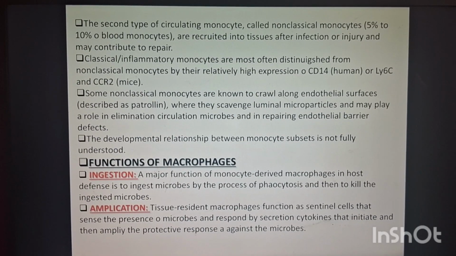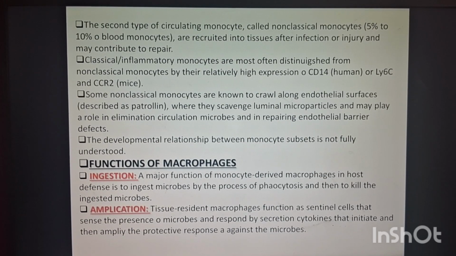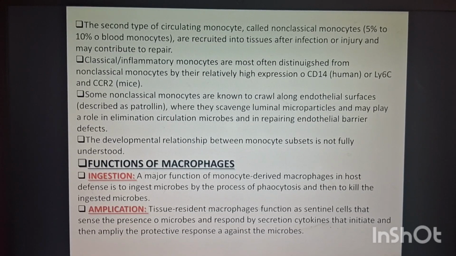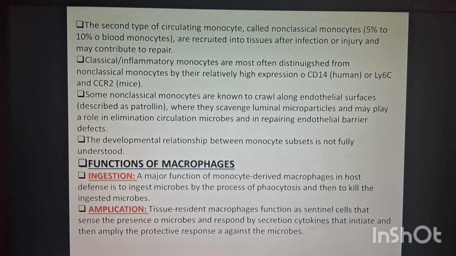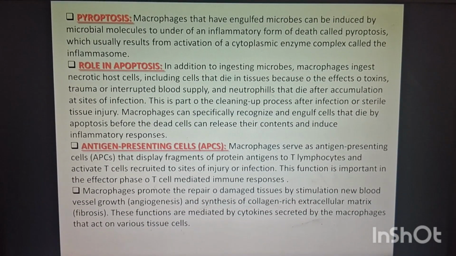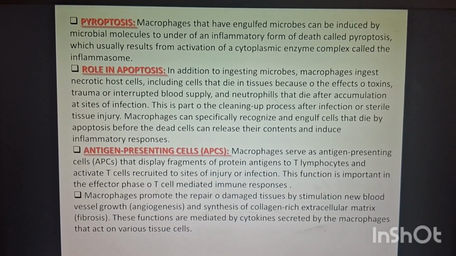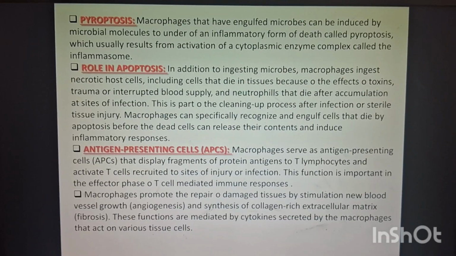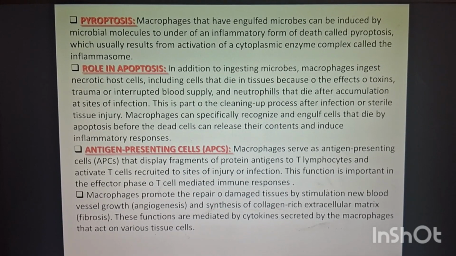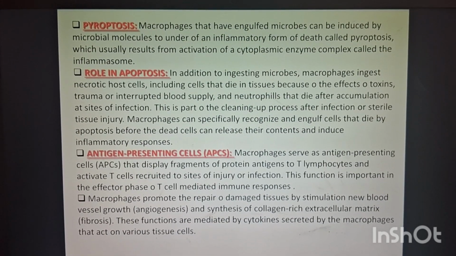Tissue-resident macrophages function as sentinel cells that sense the presence of microbes and respond by secreting cytokines that initiate and then amplify the protective response against the microbes. Next function is pyroptosis. Macrophages that have engulfed microbes can be induced by microbial molecules to undergo an inflammatory form of death called pyroptosis, which usually results from activation of a cytoplasmic enzyme complex called the inflammasome.